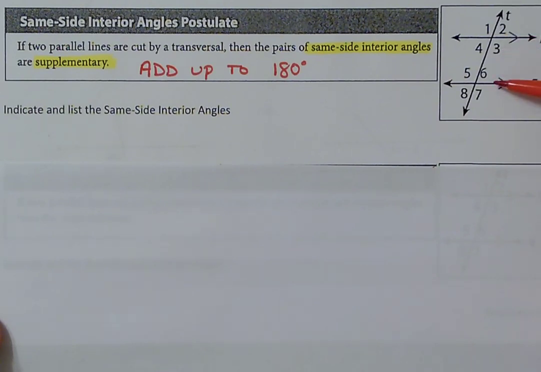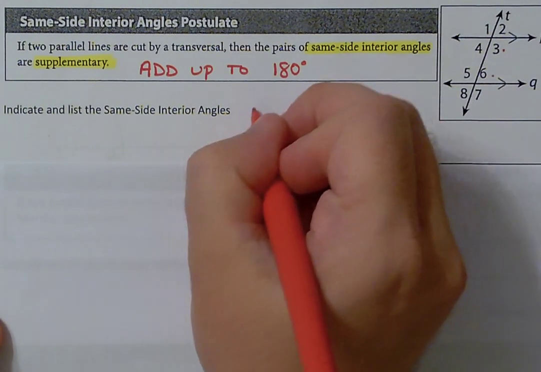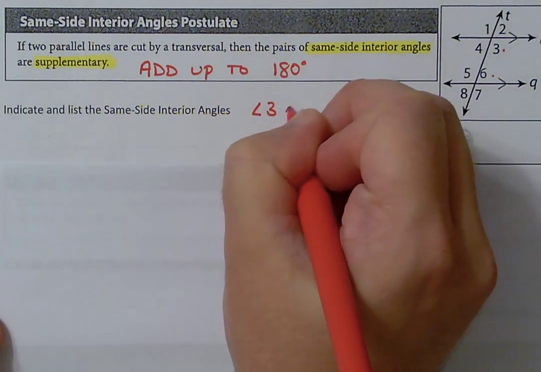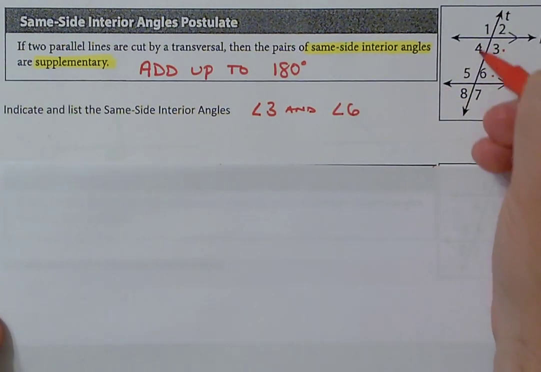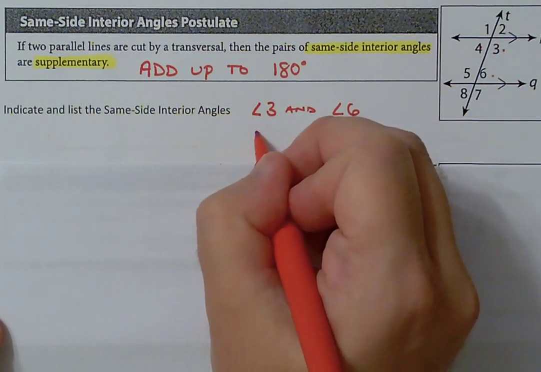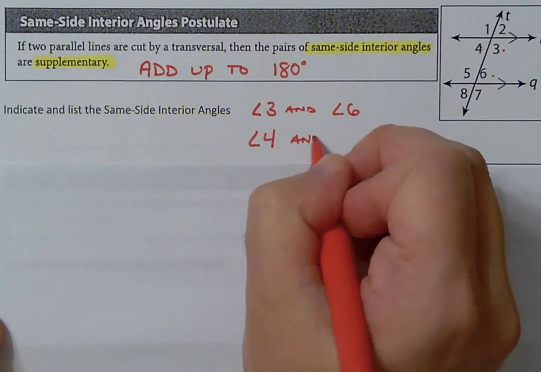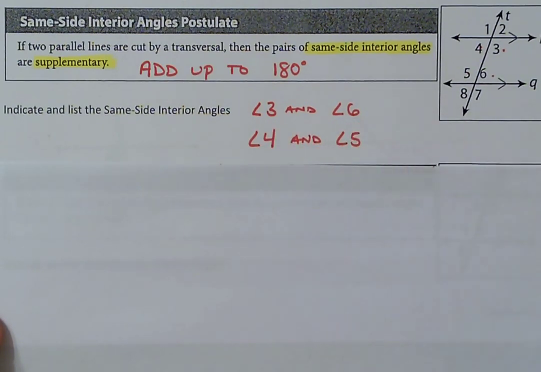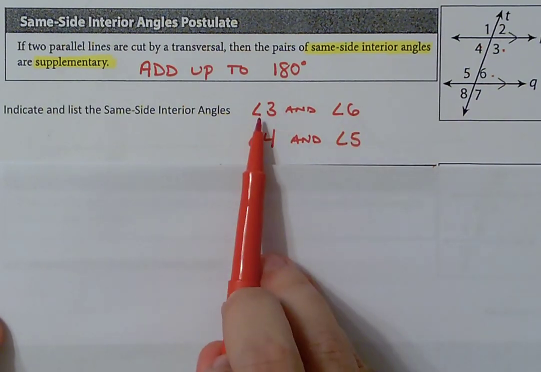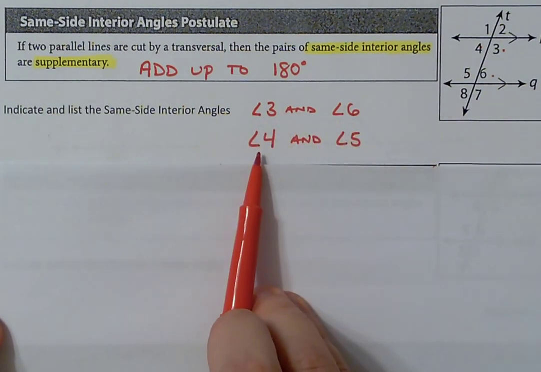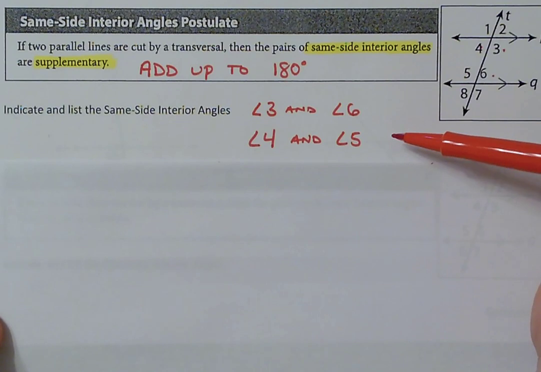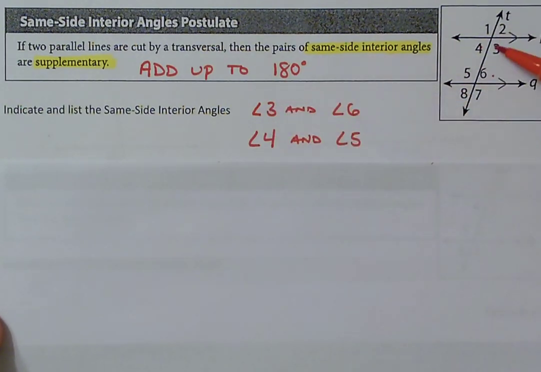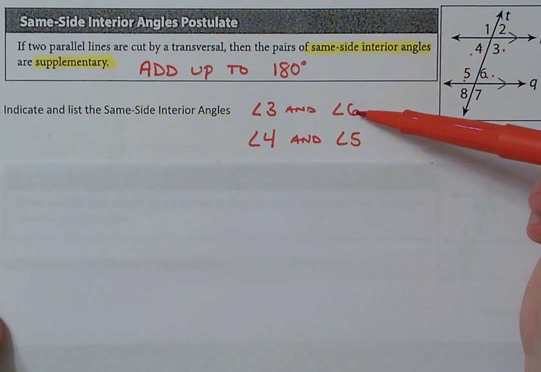So, the examples of that would be angles 3 and 6, and angles 4 and 5, because they're on the same side of the transversal, but in between the parallel lines. Meaning, angles 3 and 6 add up to be 180, and angles 4 and 5 also add up to be 180.